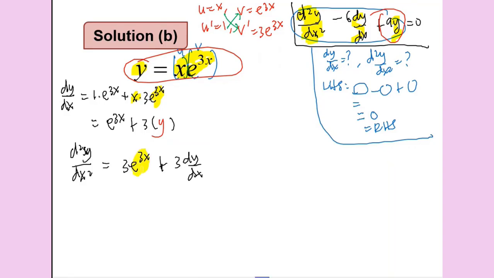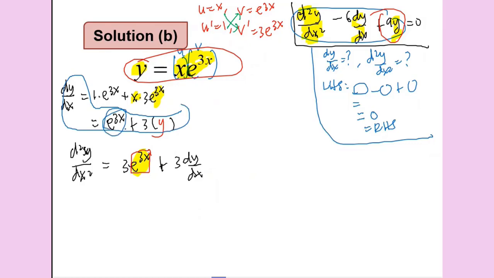Who has an idea how to get rid of this? So our aim, you look, do y and dy/dx have a connection? How to get rid of this? And you can use the given y or dy/dx. Who can see it?